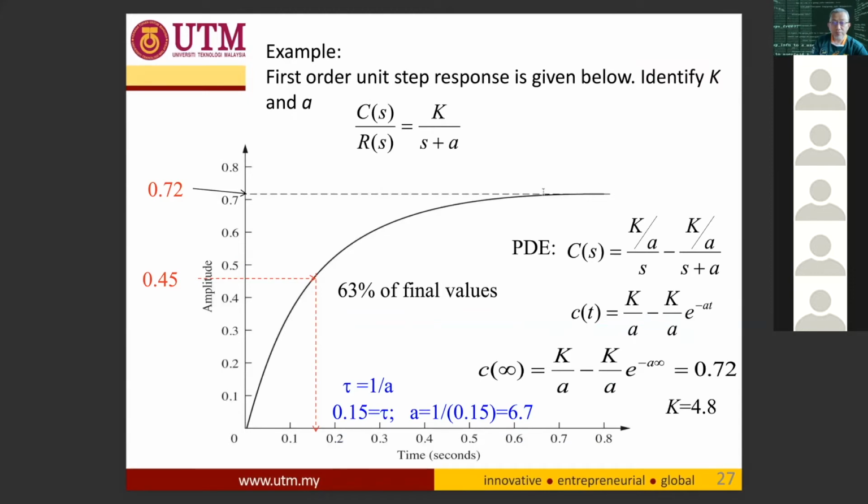Example. The first order unit step response is given below. Identify K and A. K is the gain value, and A is the pole value.